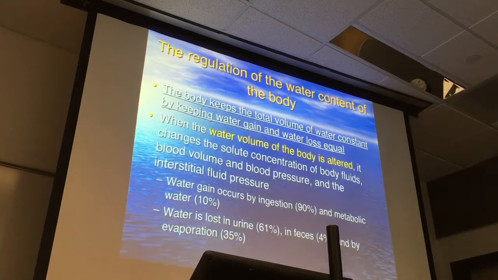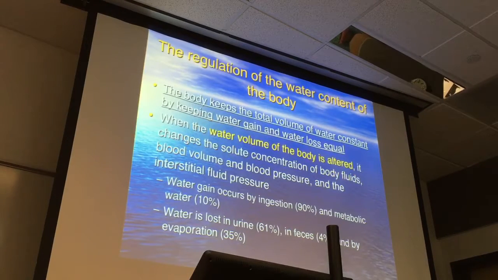Your total volume is kept constant by regulating how much you gain and how much you lose. If you've lost too much water, what happens to water gain? It goes up. We'll see how you do that. It's a simple concept, it's called thirst.